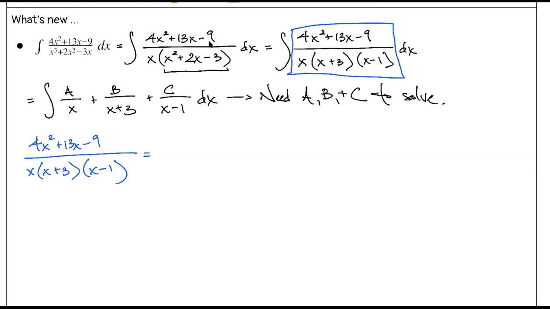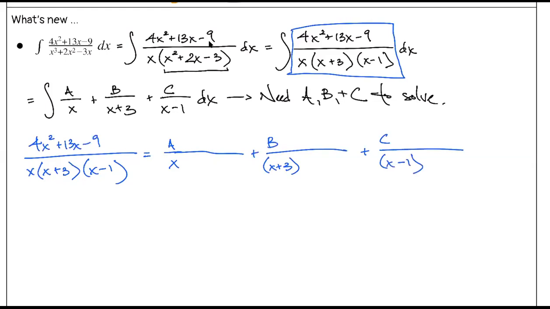Okay, so what we're going to do is we're going to say that our factored fraction is equivalent to a over x plus b over x plus 3, leave more room, plus c over x minus 1.